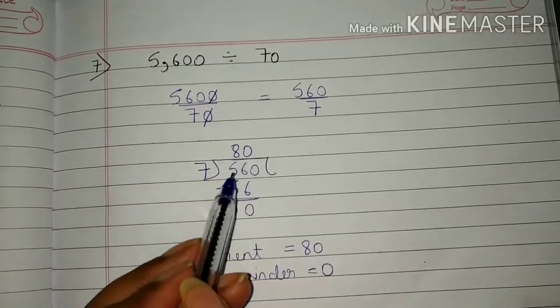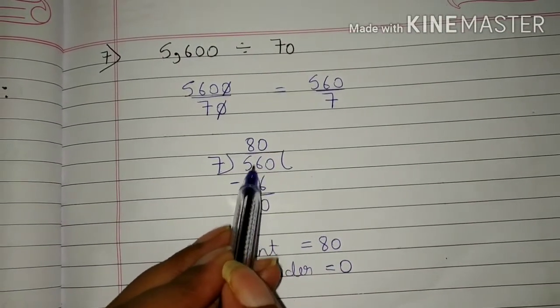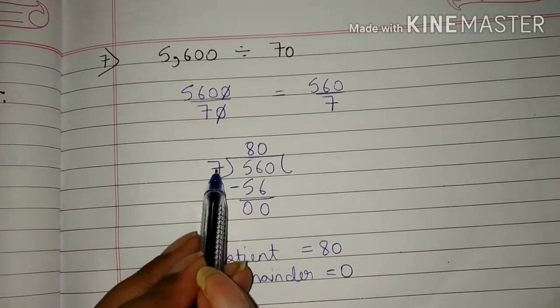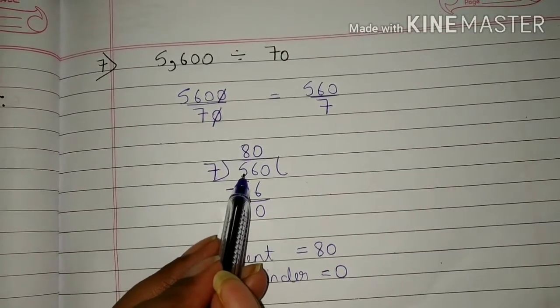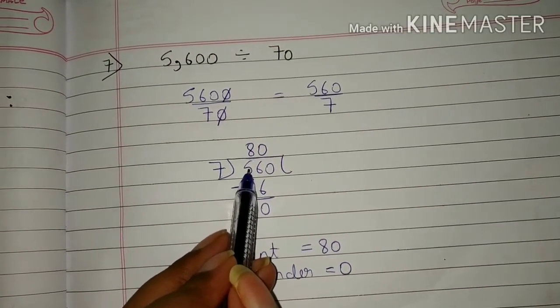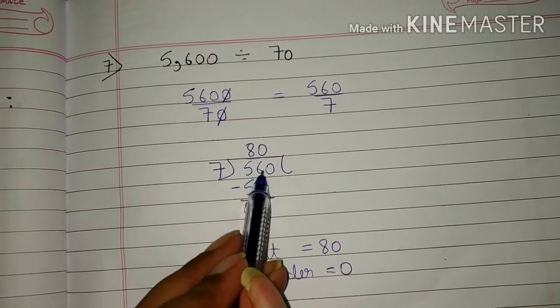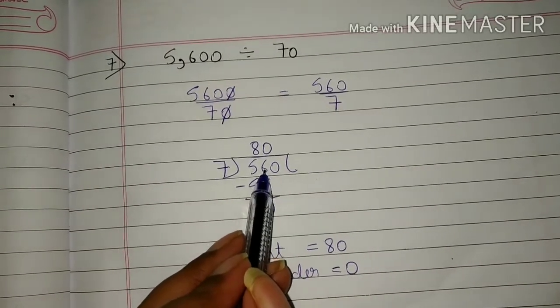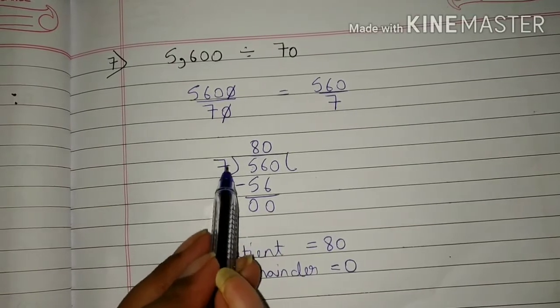Students, we will write 560 here and 7 here. Students, 5 is less than 7. So we will consider next digit, that is 6. Now number becomes 56. Now we will read the table of 7.